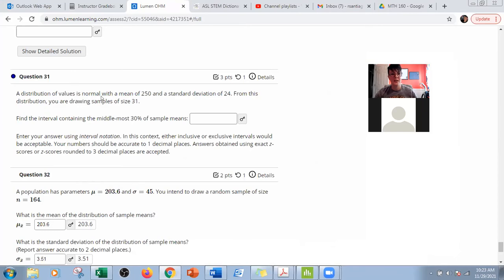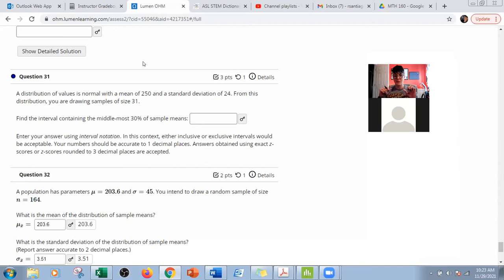We're told that the mean is 250, which is the population mean, and the standard deviation is 24. From this distribution, you're drawing samples of size 31, so n is equal to 31.